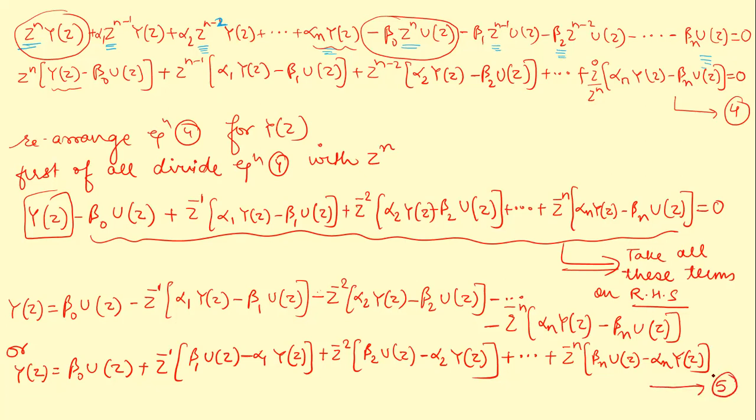Now we can draw the block diagram of this equation. If you take the inverse z transform, we will get like here yk.